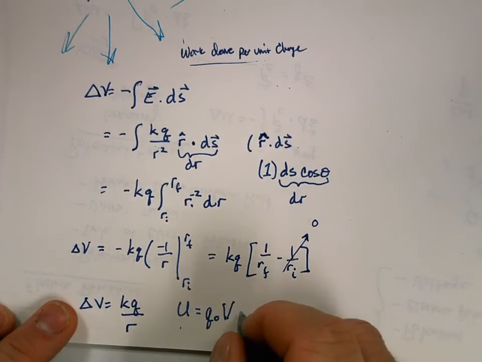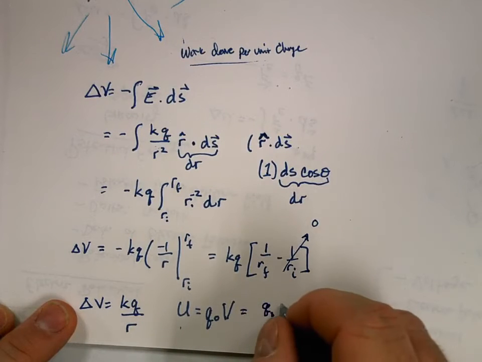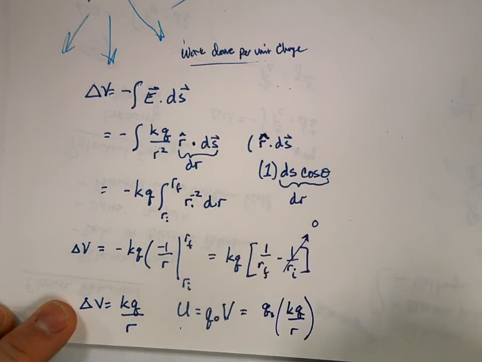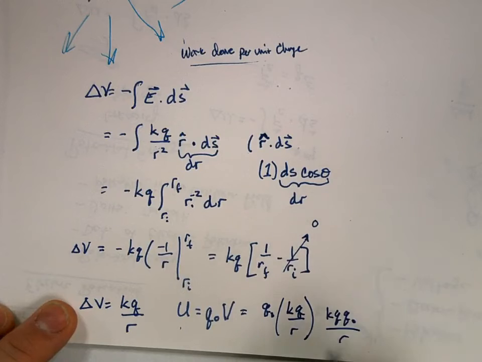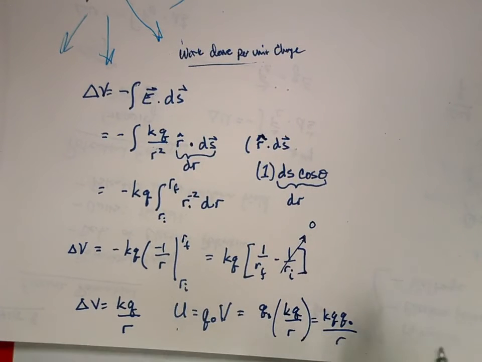So this just equals q naught times kQ over r, which becomes kQ q naught over r. Does that look kind of familiar to you guys? This is the potential energy for two charges that are near each other. So that's where we're getting to this.